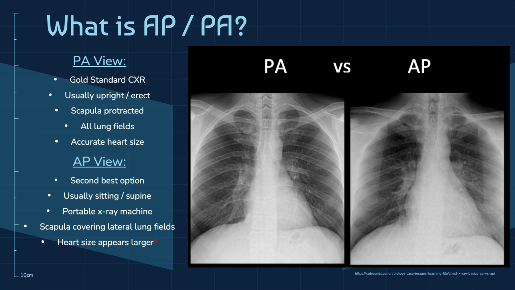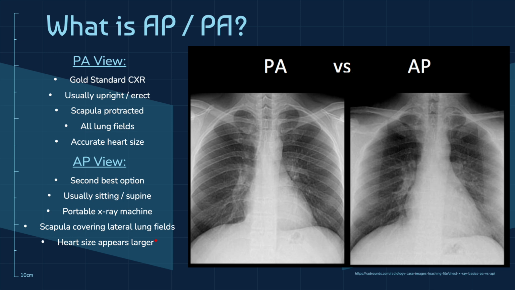Now, a PA view is usually the gold standard of chest x-rays, where you would have the patient standing upright with their scapulas protracted, taking in a deep breath. And these images are much more accurate at determining the heart size.